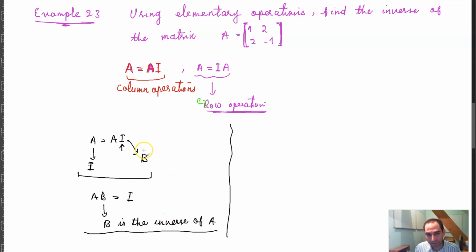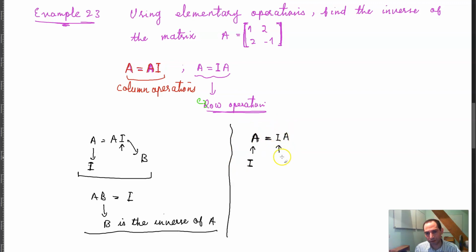On the other hand, when I have this equation A is equal to I times A, we said that we would do row operations, and the row operations would be done on this matrix I and on this matrix as well. When I do row operations on these two matrices, I do row operations on A primarily in such a way that A becomes exactly I. And depending on what I do here, I have to do the same thing over here as well.